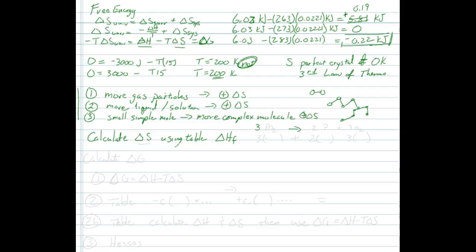So if you have 3 PO2 making 2 P plus 3 O2, you would switch the sign on this side and double whatever the coefficients are, keep the signs, and add them up. This is very, very similar to what we've done in the past.